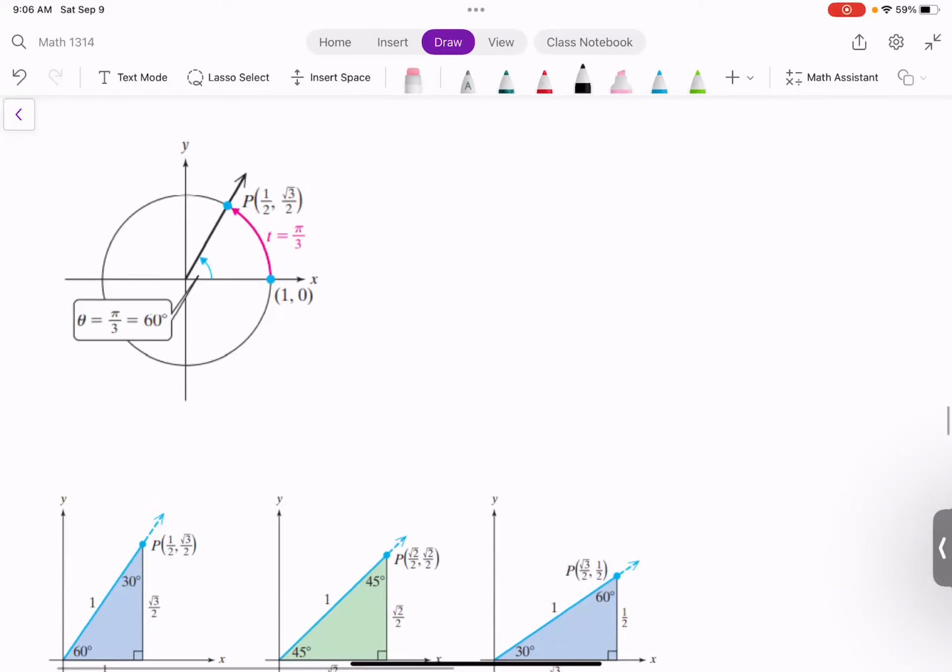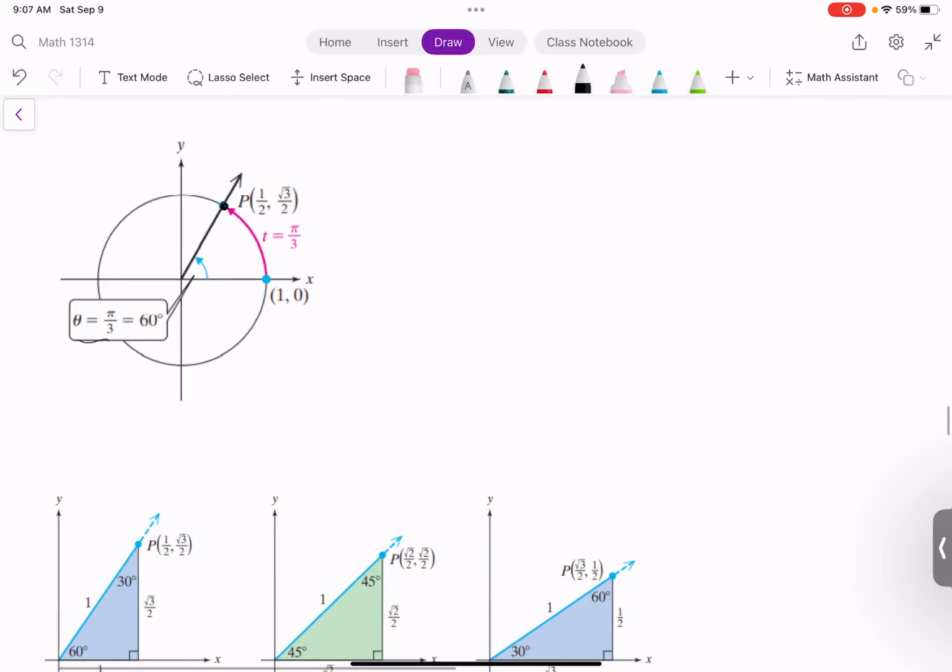Now, if I have a point P on the unit circle and an angle theta, for example, if I don't know the coordinates of P, but I only know that theta equals pi over 3, and that represents t also equals pi over 3, can you find the coordinates of the point P? For the point P, we have cosine t, comma sine t.